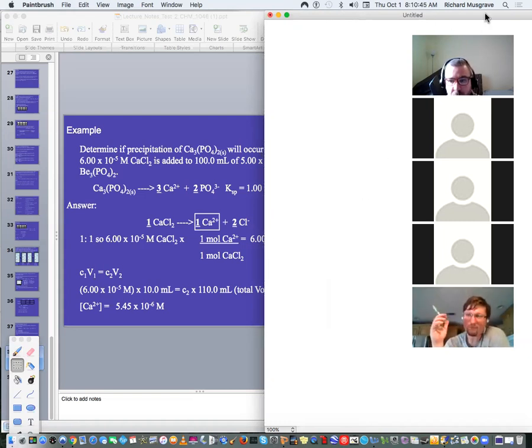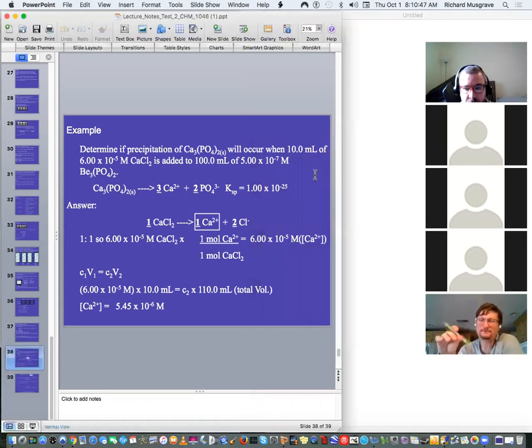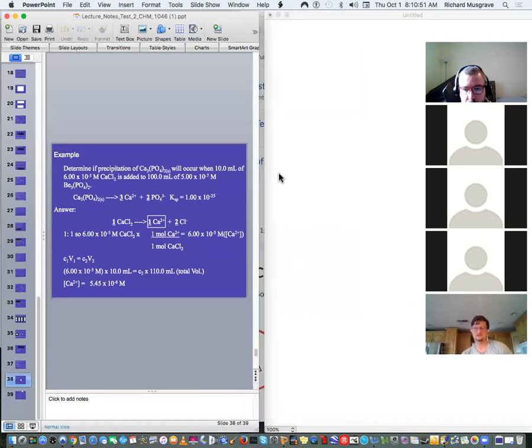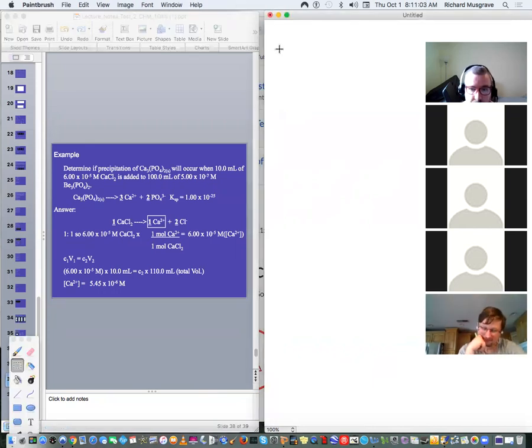All right, let's take a look at the mechanics then of how we do the calculation. Okay. So what you've got to understand here is that in the initial beakers, we have 10.0 mL.